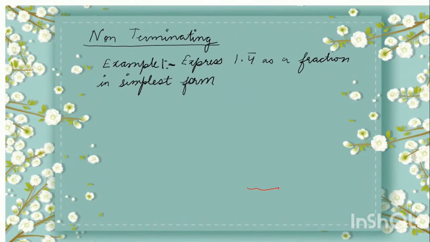Now a non-terminating example: express 1.4 bar as a fraction in simplest form. So take x as 1.4 bar. That means 1.4444 like this. Now here the bar is on one digit, so just multiply by 10 on both sides. So you get 10x equals 14.4 bar.